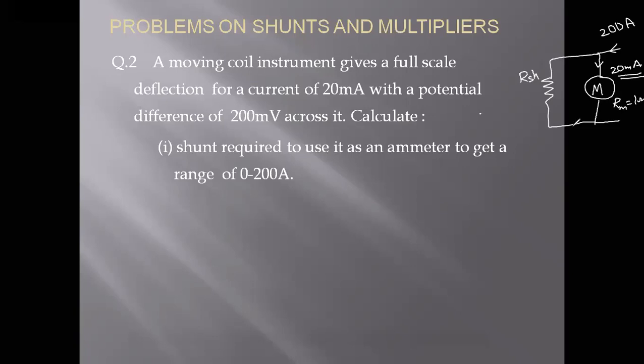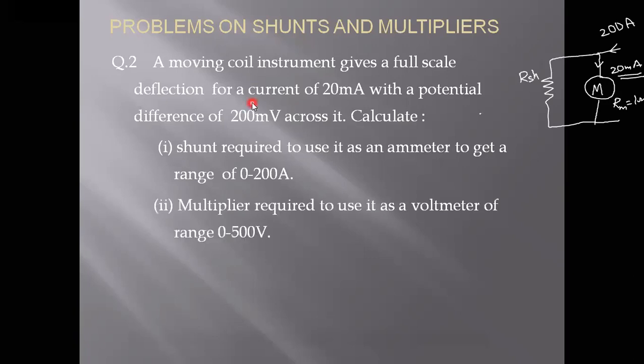Now we have to calculate. And what else is asked in the problem? Another thing asked is to calculate the multiplier required to use it as a voltmeter of range 500 volts. So in the same problem, we are going to see the same meter. How can you connect it? How can you use it as a voltmeter?